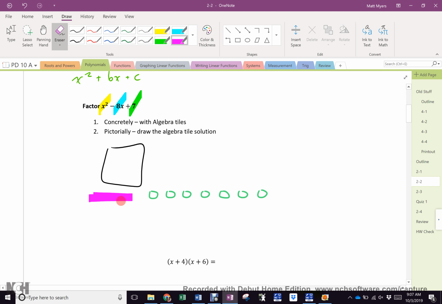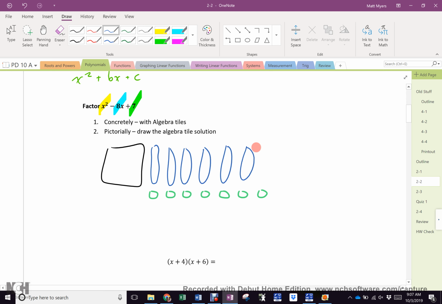The only thing we have left to fill that empty space is bars, right? Yes. And they should have been blue. Blue. 2, 3, 4, 5, 6, 7. 8. What's wrong with this? They're positive. What would make them negative, Mantosh? Shading them in.